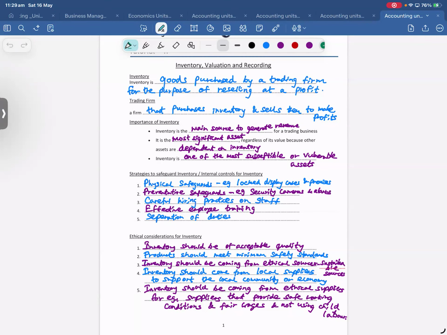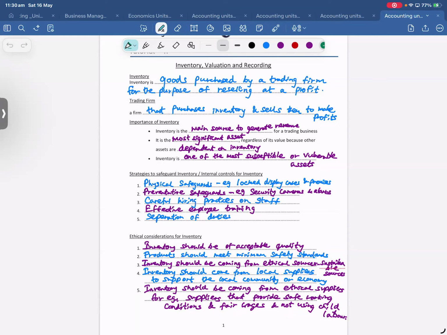So what's inventory? Goods purchased, maybe. Yes, you can say goods or maybe any tangible product. Sometimes we can say any items or stock that we purchase in a trading firm for the purpose of resale.